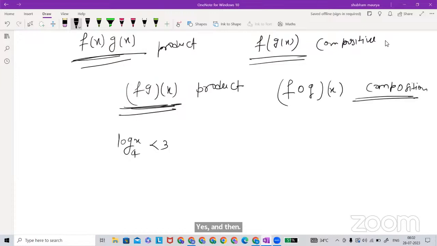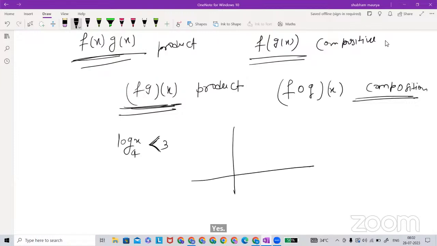So what is going to be the value here? What if it is less than 3? So what are the values we will get here?